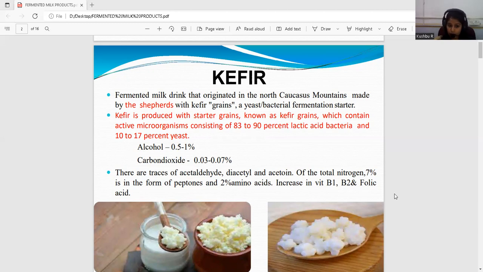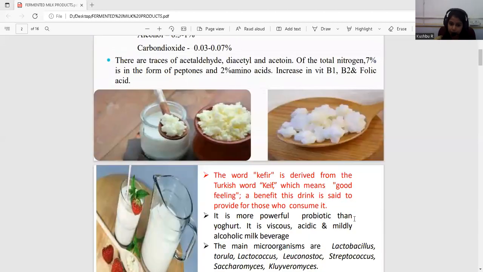There are also traces of acetaldehyde, diacetyl or acetone in the milk. Also, the content of nitrogen, peptone and amino acids had increased, whereas an increase in certain vitamins and folic acid was also seen.